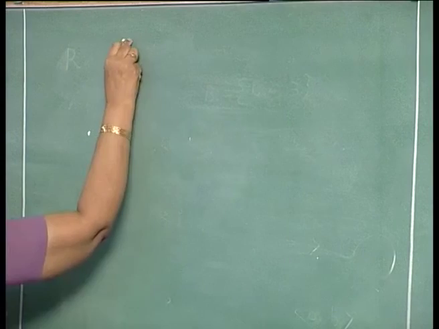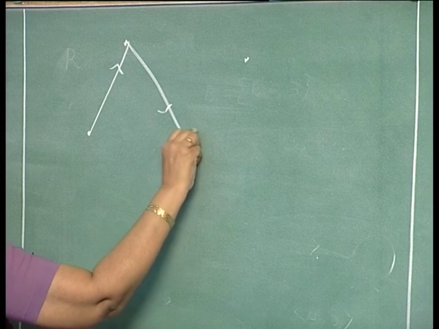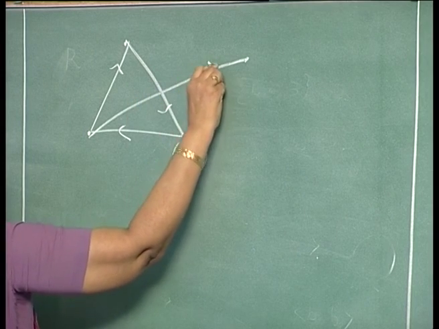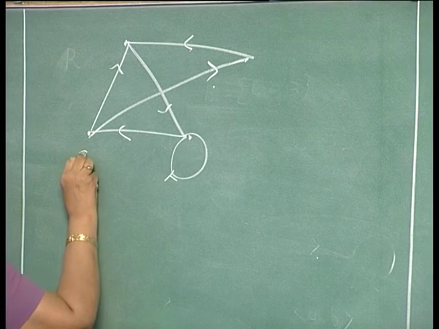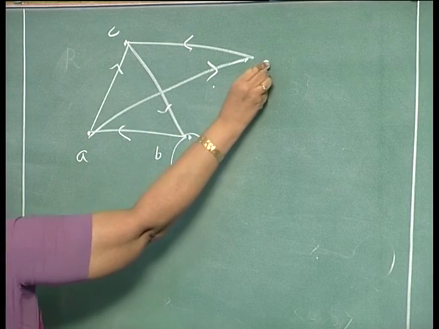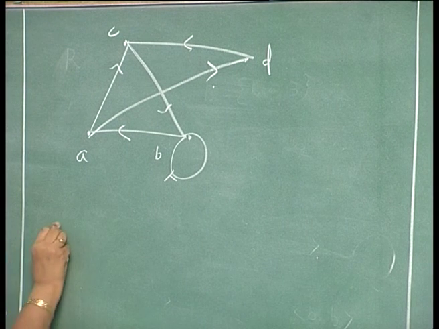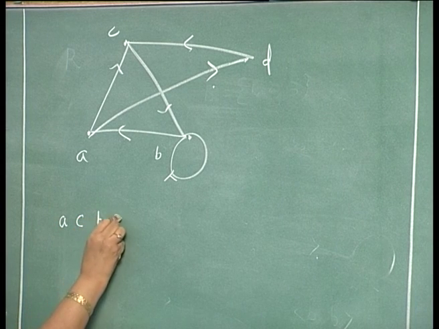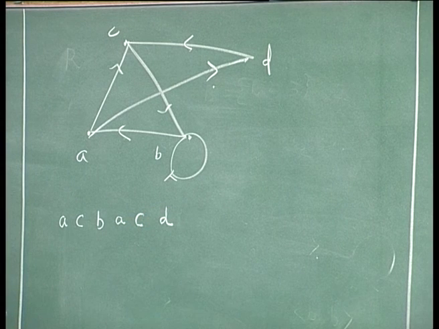Let me take one more graph. A, B, C, D. Now look at this. A, C, B, A, C, D. Is this a path? It is a path.